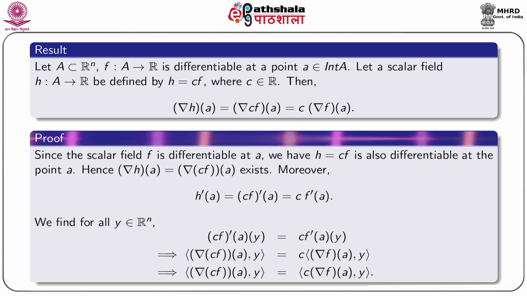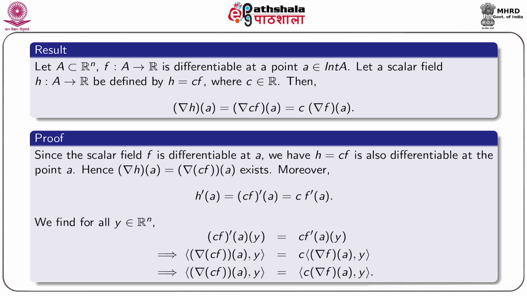We start the proof. Since the scalar field F is differentiable at the point a, H equal to Cf is also differentiable at the same point. Hence, grad H at a, that is grad of Cf at the point, exists. Moreover, we have already deduced that H'(a), that is (Cf)'(a), equals C times F'(a).